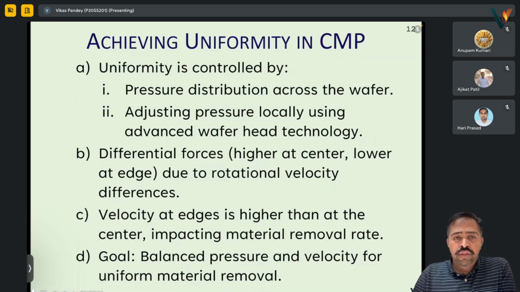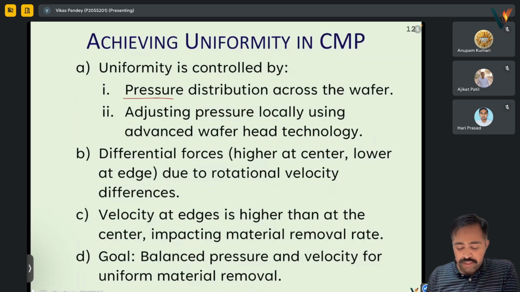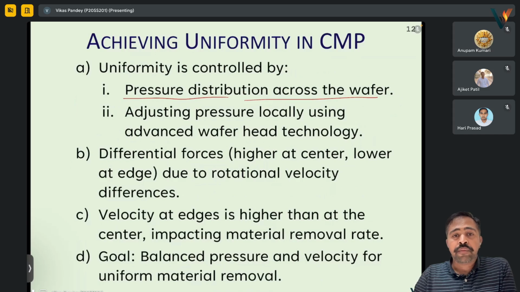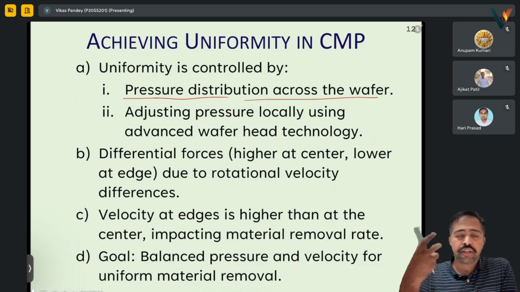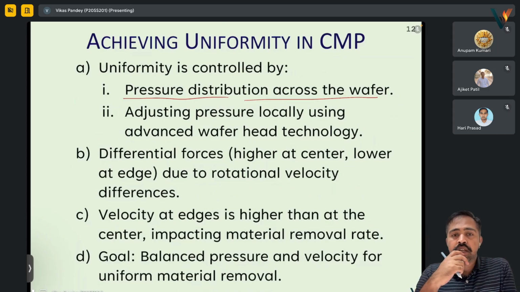So uniformity is controlled by pressure distribution across the wafer. Adjusting pressure locally, the control of this wafer head, the wafer assembly that is moving, has to be done locally.